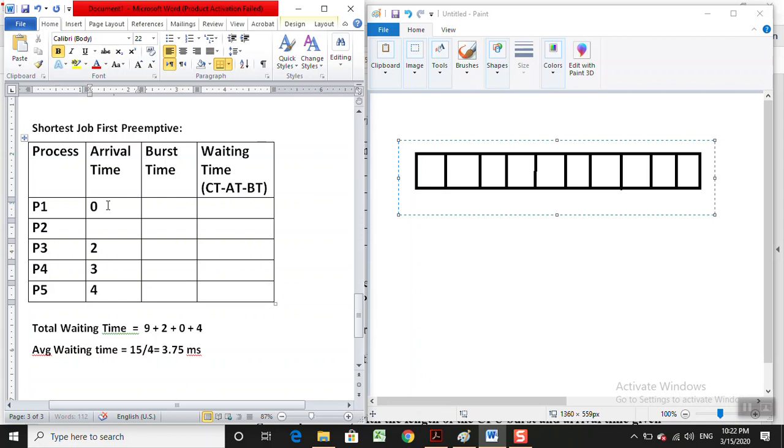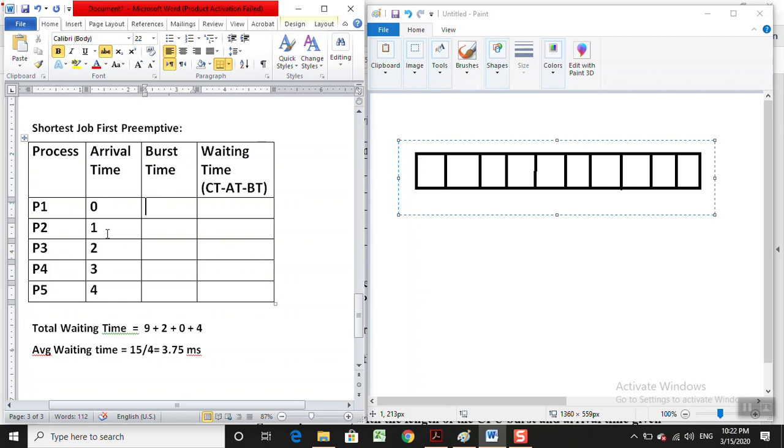It can be something like 0.4 also. At 0.4 you have to wait over here. That is a little complex. Let us do it with a simple 1 unit of time here: 0, 1, 2, 3, 4 arrival times. I'll explain the complex one later on.